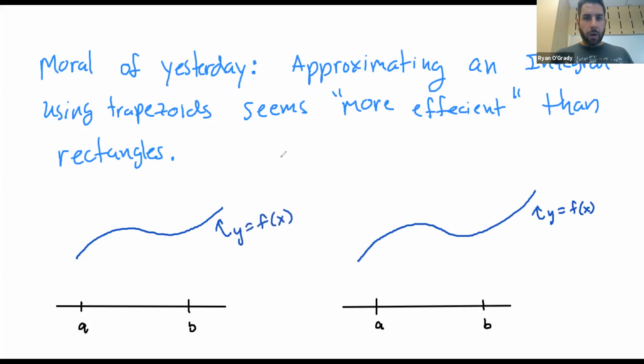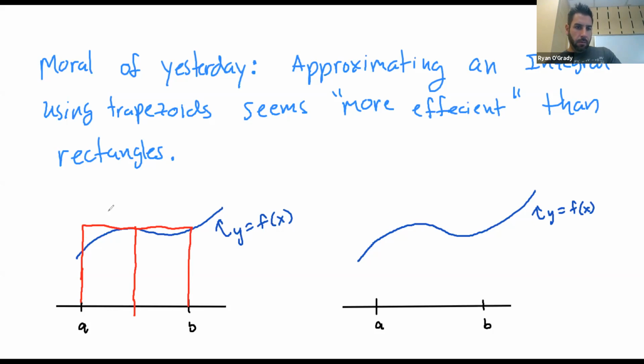So let's just suppose, for the sake of argument, I used 2 rectangles. And let's suppose I use the right endpoint. So here's my one rectangle, and here's my other rectangle. And the idea is that I have some error.